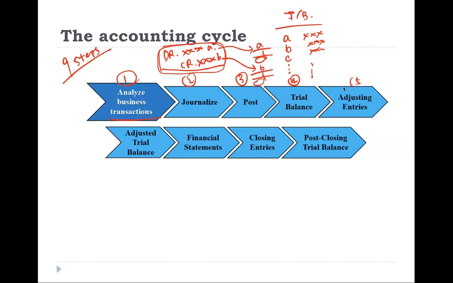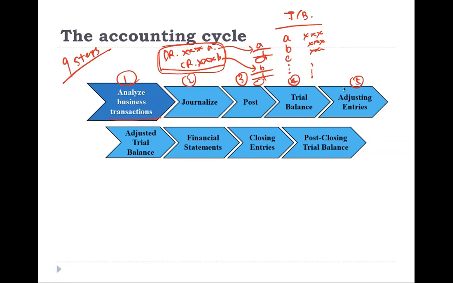And then step 5 is to make adjusting entries. For some of the events that happen during the year, we do not have an outside document, and they do not trigger step 1, analyze business transaction.